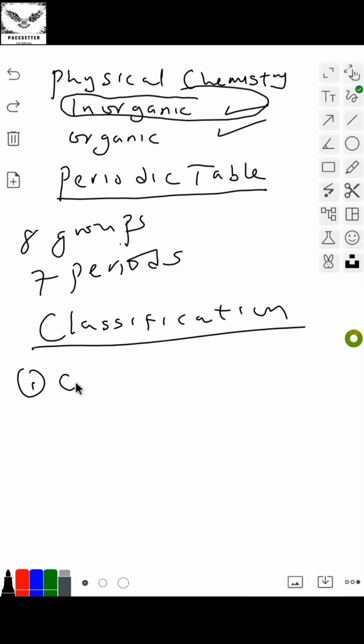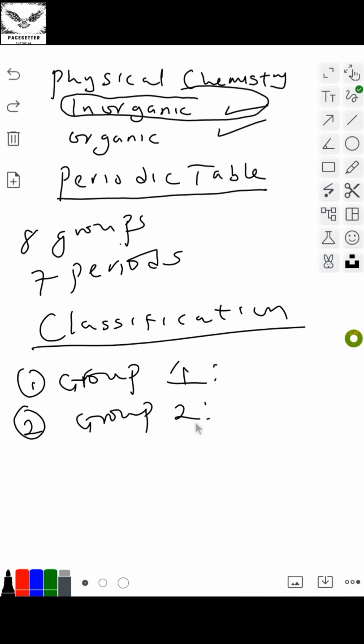We have the group 1 elements, which also have a name, they are called the alkali metals. Then we also have the group 2 elements. Of course, group 2 are the ones we call the alkaline earth metals. This is a difference.